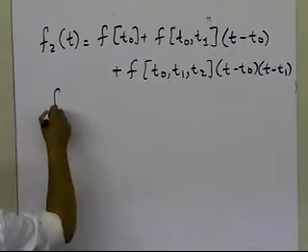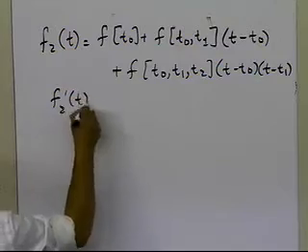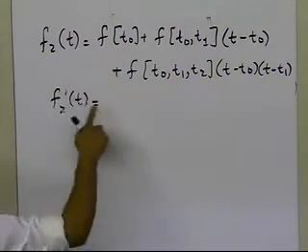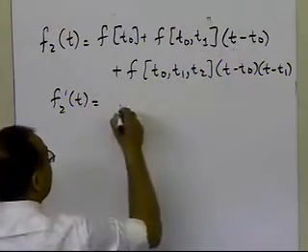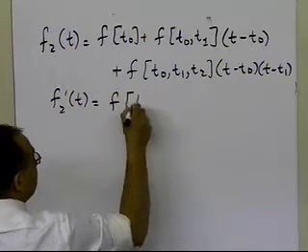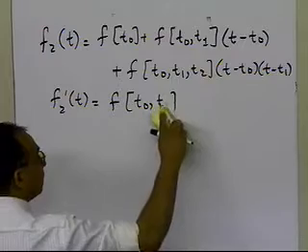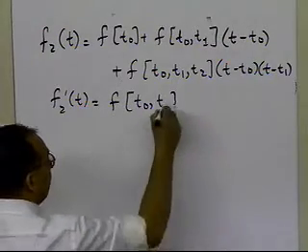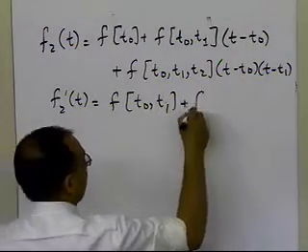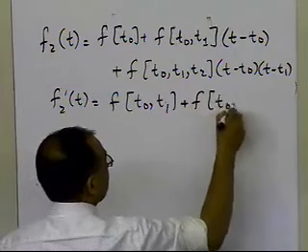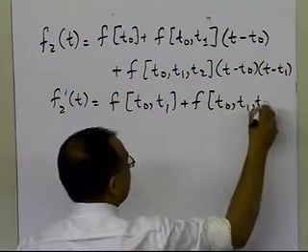But I'm interested in calculating the derivative. So f2 prime of t: the first term is 0 because it's a constant, and the second term gives a 1. So it will be f[t0, t1] plus f[t0, t1, t2].